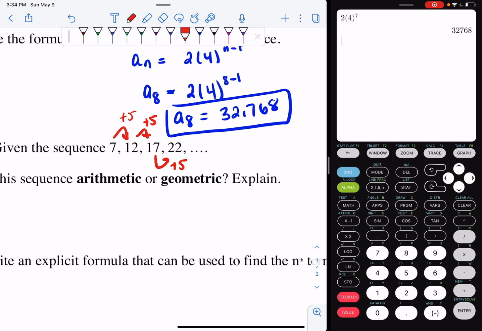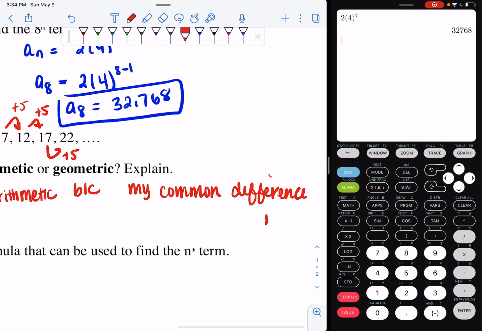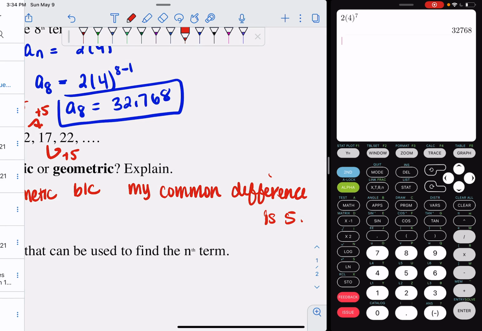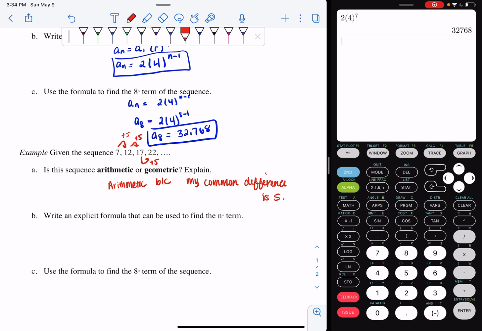So this sequence is arithmetic because my common difference is 5. If you want to, you can also just say that it's going up by 5 each time.